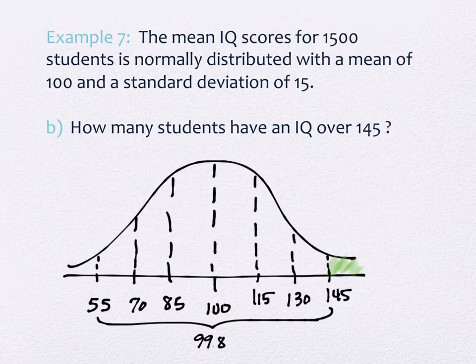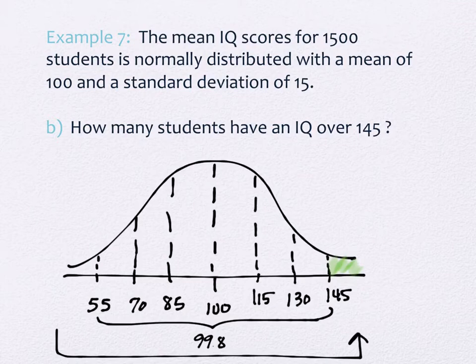What that means is that these outer pieces that are left over have to be the remaining part of that 99.8%, which would in fact be 0.2%. But I only have the right-hand side shaded, right? So this will be equivalent to 0.1%. That's not 1%, that is 0.1%.